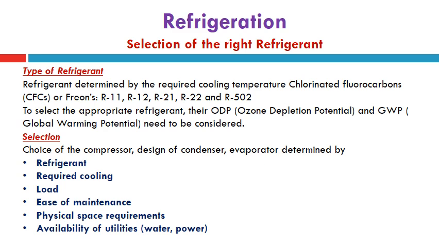The selection process must be based on the corresponding features which must be taken into consideration: the choice of compressor, the design of condenser and evaporator, which should be determined based on refrigerant type, required cooling load, ease of maintenance, physical space requirements, and availability of utilities such as water and power.